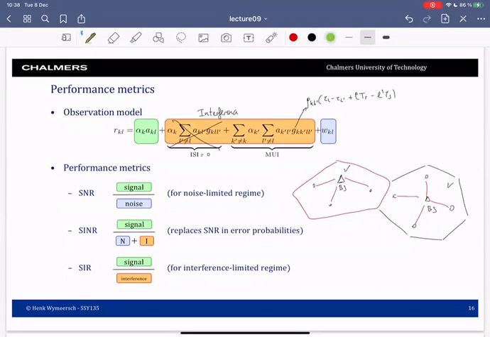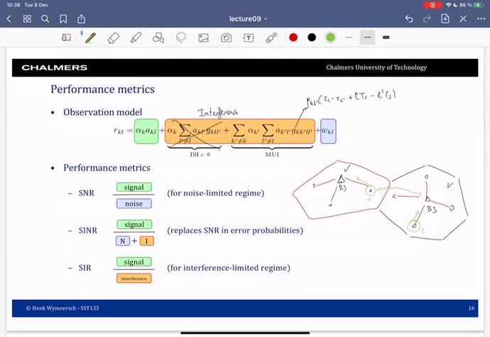So all these users are also mutually orthogonal. But now what could happen is that this user here is using the same time slot as this user here. So that when user 1 is transmitting to its base station and user 2 is transmitting to its base station, there will be some interference coming from user 1 to the second base station. And vice versa, of course.